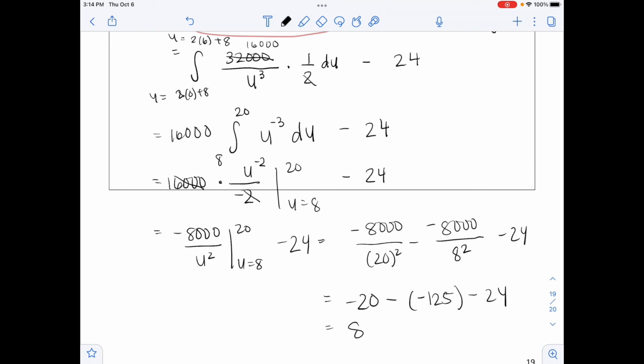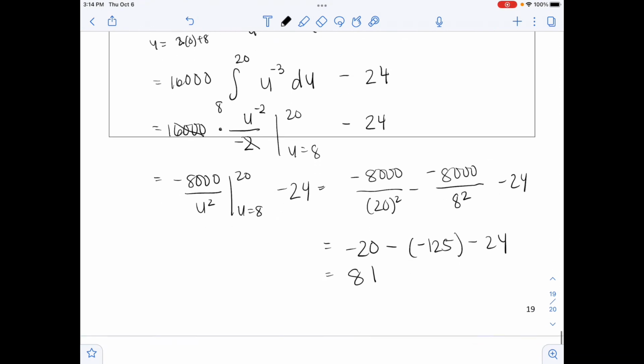And so this works out to being 81. And so our consumer surplus is going to be 81. And we'll say that this is in dollars. So our consumer surplus would be $81.